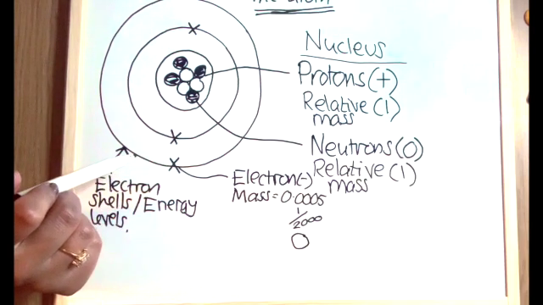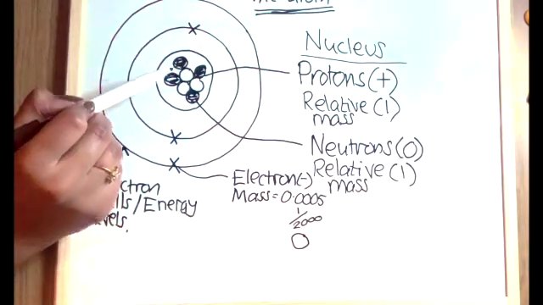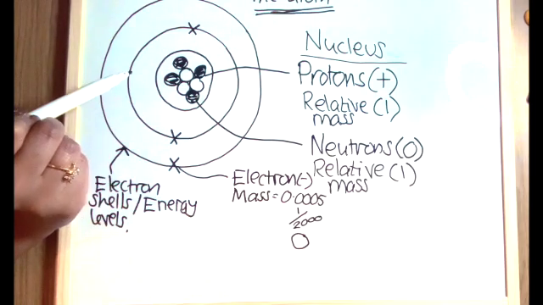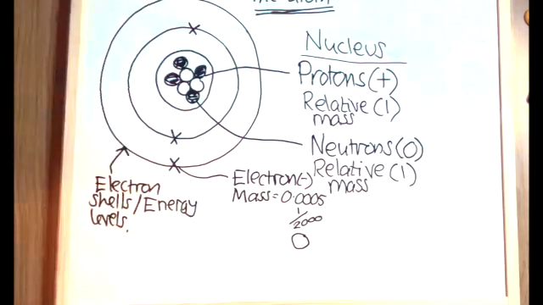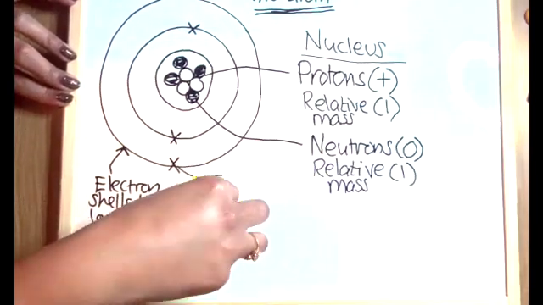Now, the other thing that we need to understand is that because we've got these particles in the middle here, and I'm just going to move this down a bit so we don't get confused.